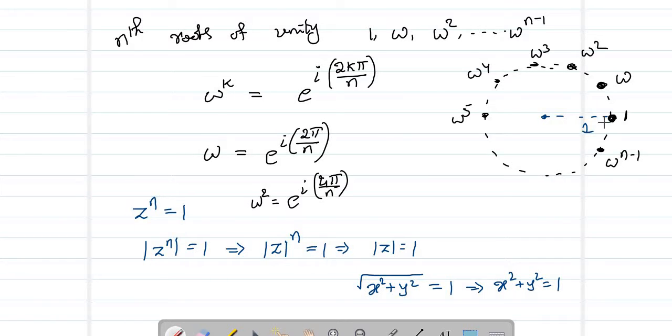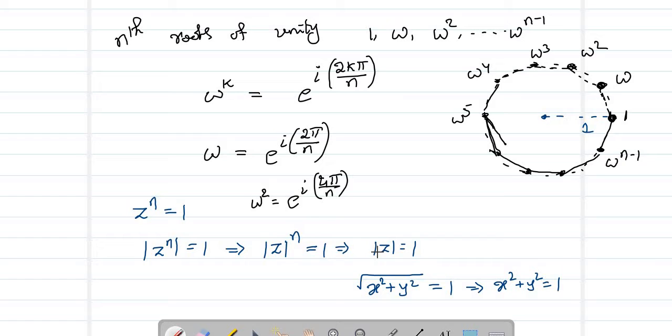And the beautiful thing here is that these nth roots are arranged at equal distances. I'm not getting the exact picture, so let me assume here and here. All these nth roots of unity lie on a unit circle, and they will be placed at equal distances.